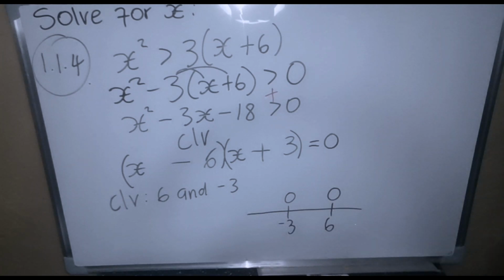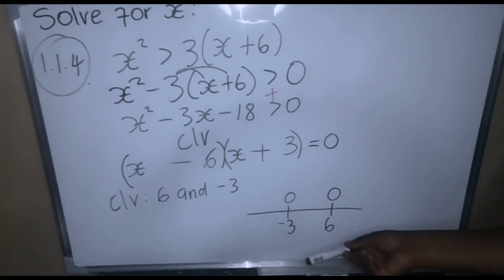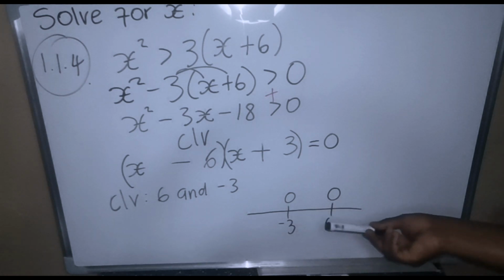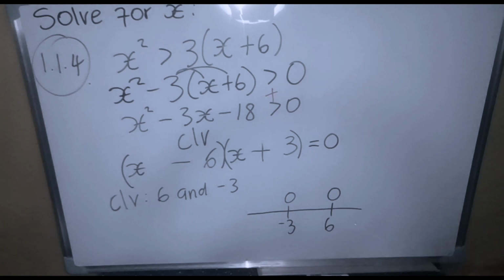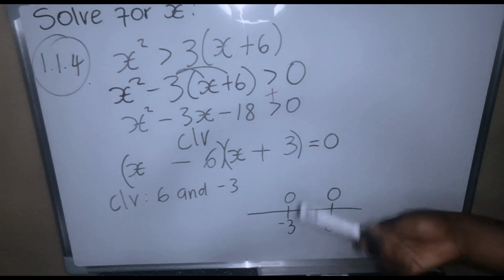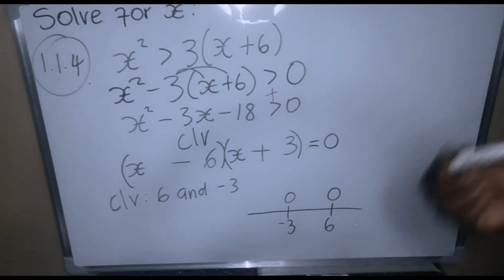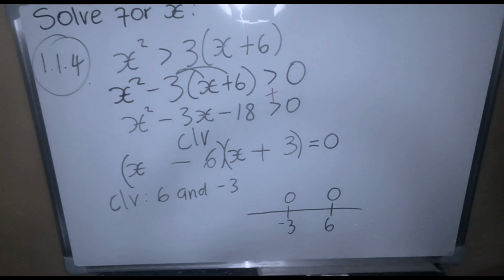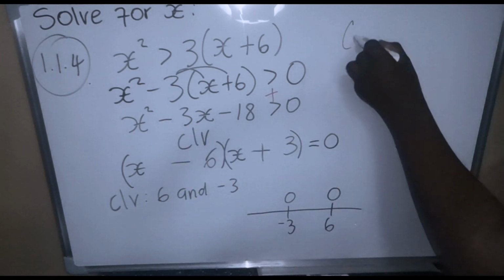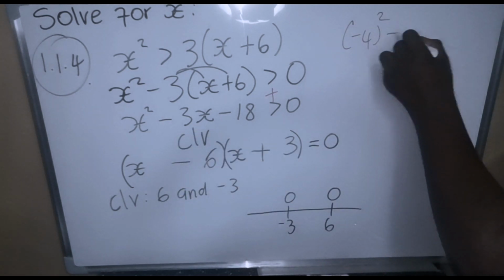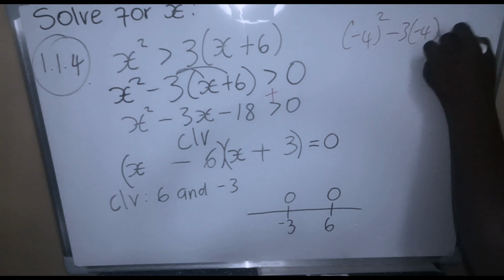You must just find out. Now let us check. Let me just use values that are smaller than -3. I get -4, -5, -6. Those values are smaller than -3. Let me just put in -4 for the example. Where I see x, I put in negative 4. I get -4 squared minus 3 times -4 minus 18.